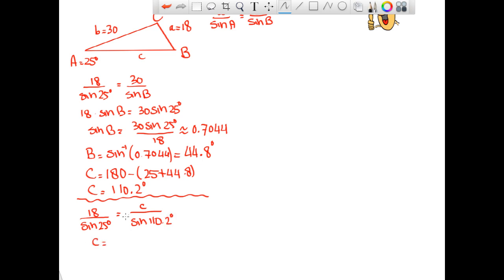So let's see, if you cross multiply here, and then you should divide still by this. So it will be 18 times the sine of 110.2 degrees divided by the sine of 25 degrees. And that should give you that side C is going to be, I think it rounds pretty close to 40. Okay.